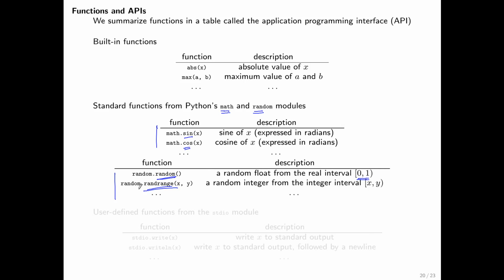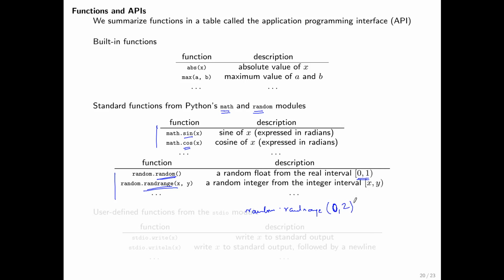So for example, if you want to use the function randrange to simulate a coin flip, you would say something like random dot randrange 0 and 2, right? So x is 0 and y is 2. So randrange, the only possible values that it will return are 0 or 1 picked at random.